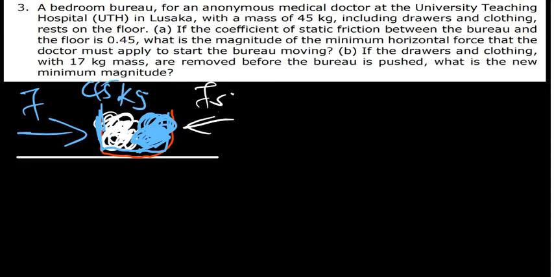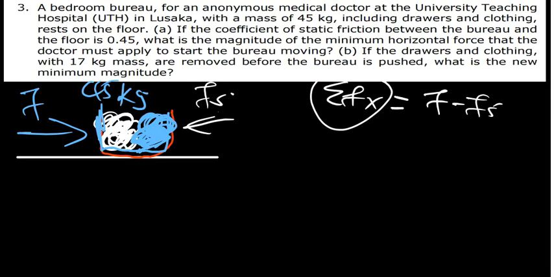So now what we are going to do here is, since this object is not moving, meaning that the net force is 0 in this case, we say the summation of the forces in the x direction. We have the applied force, which is pushing the object toward the positive x-axis, minus the friction force. Remember, the net force is 0.